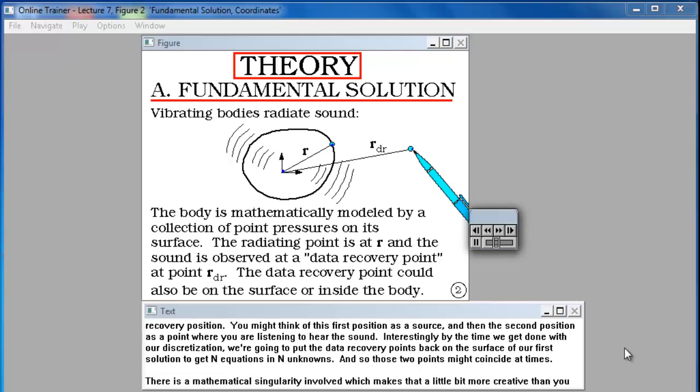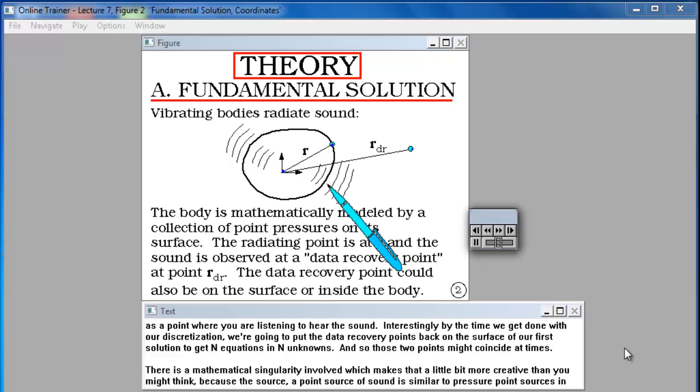Interestingly, by the time we get done with our discretization, we're going to put the data recovery points back on the surface for our first solution to get n equations and n unknowns. And so those 2 points might coincide at times.